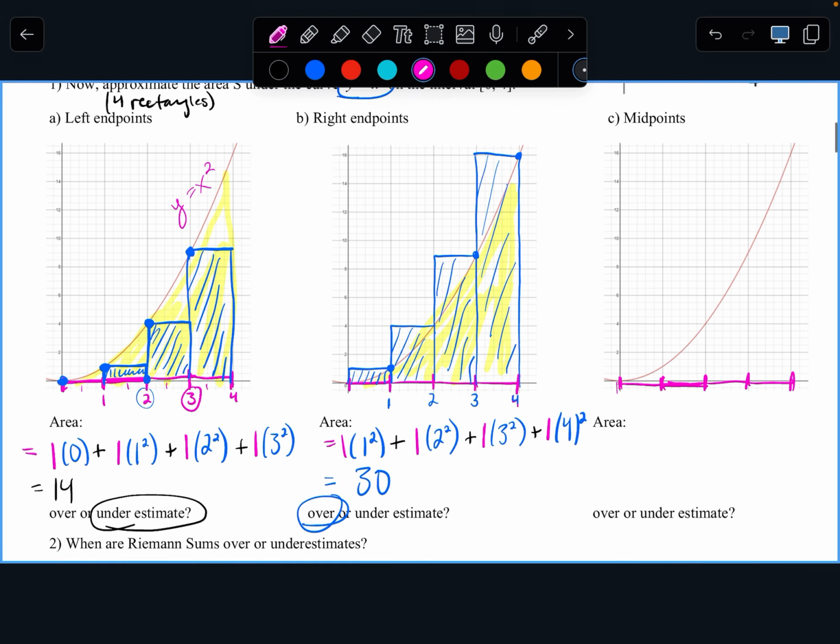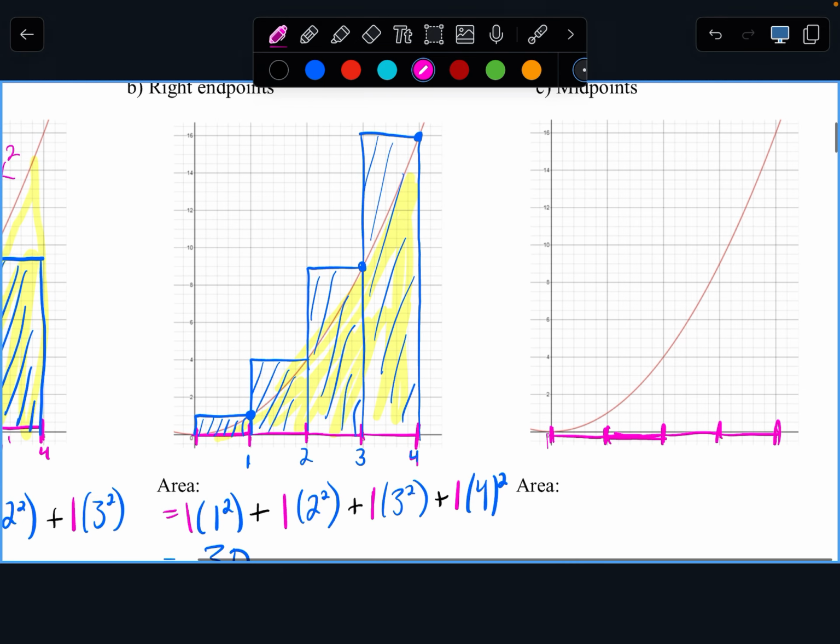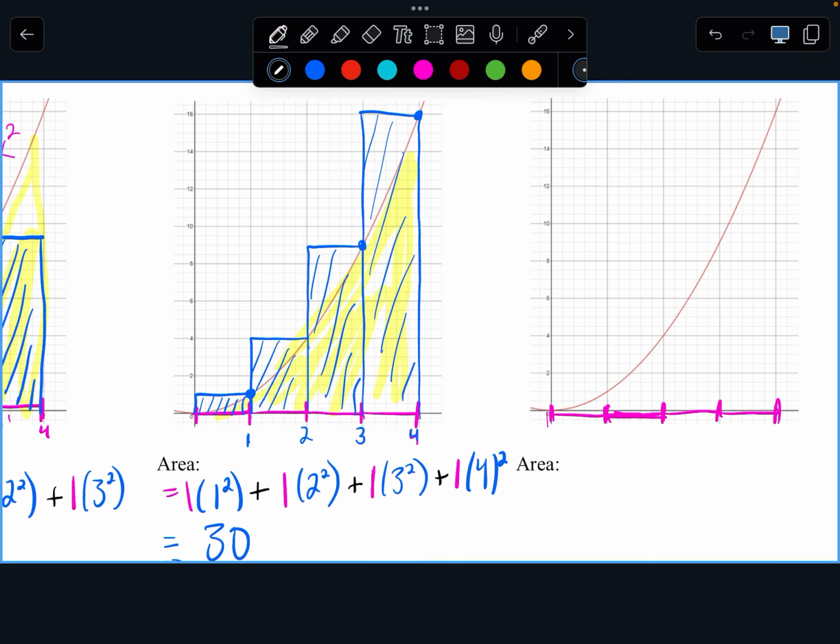For this area, the width is 1, that doesn't change. But my height is determined from the middle of this rectangle. It's a real dinky rectangle, but it works.